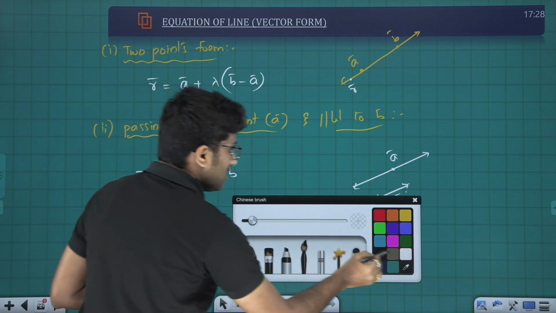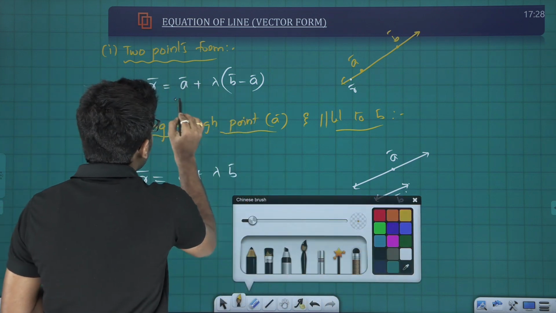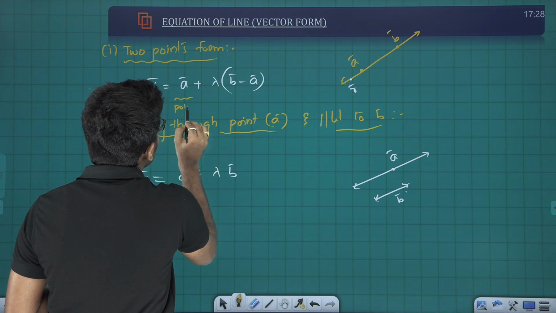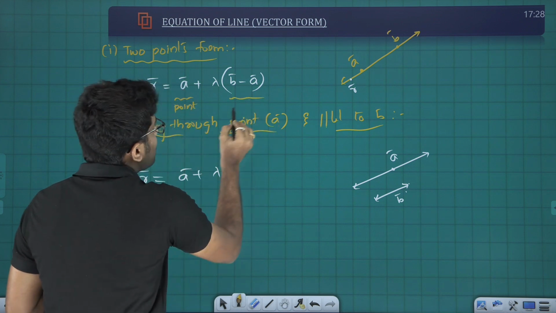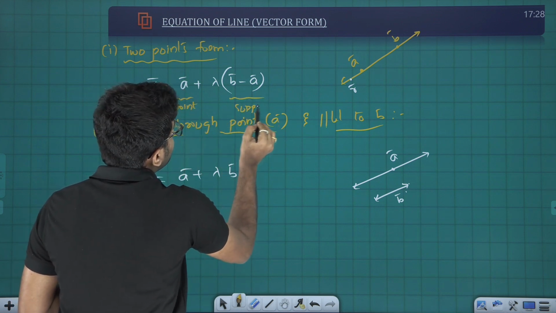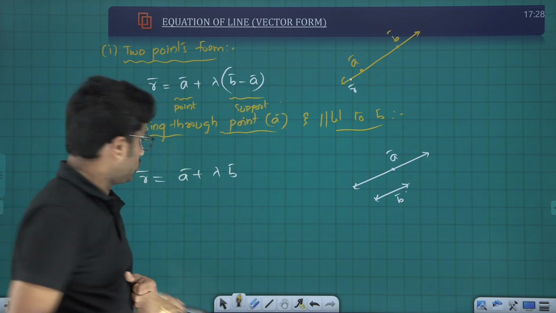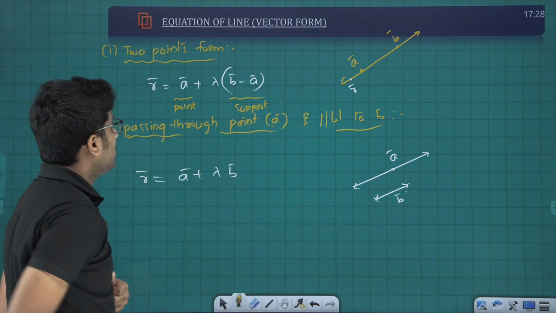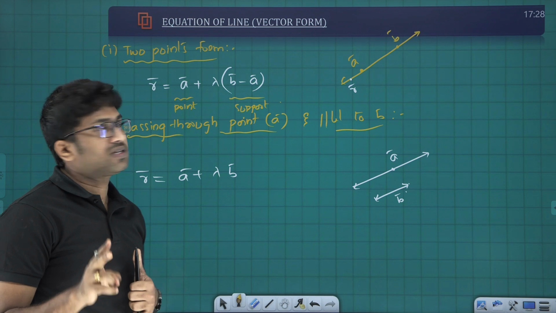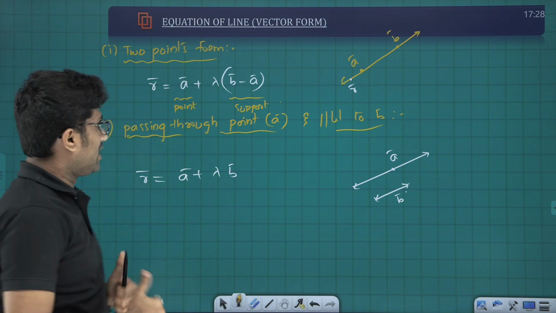Always remember, friends, this is the place where we write the point it is passing through, and this is the place we write the support. Point, support. Clear? So these are the two different forms of equation of a line in vector form.